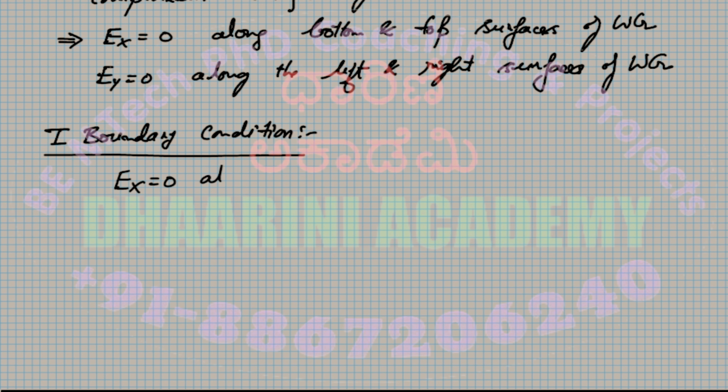What is the condition for the bottom plane or the lower surface of the waveguide? In the lower surface, there is no height, correct? So that is y equal to 0, and x varies from 0 to a. Are you okay with this?